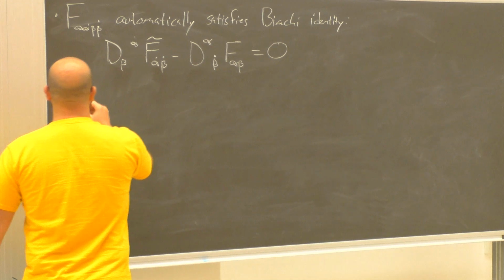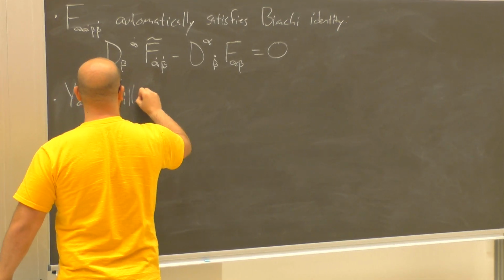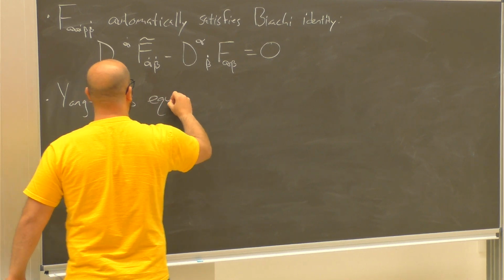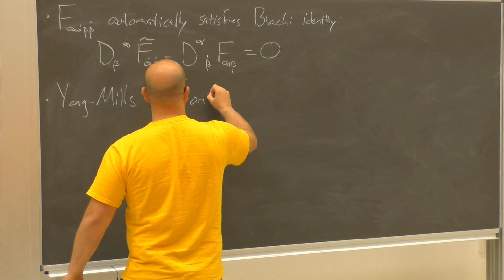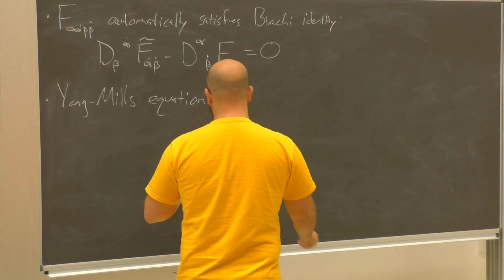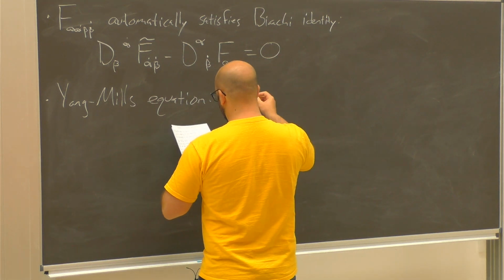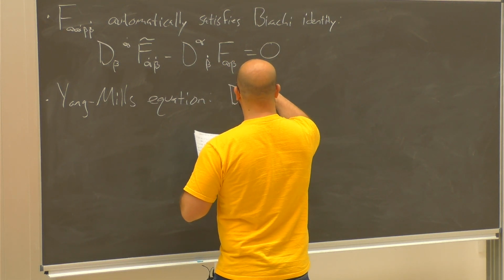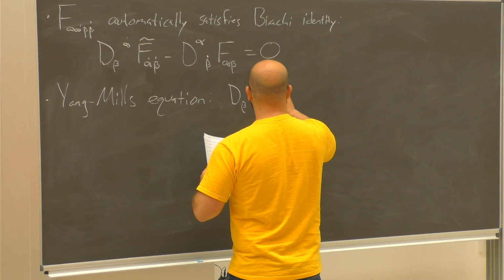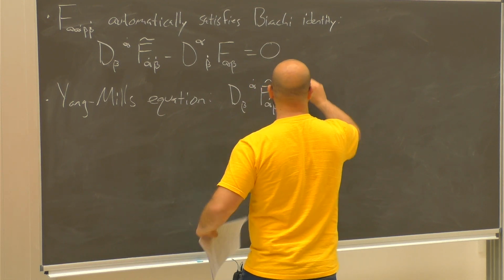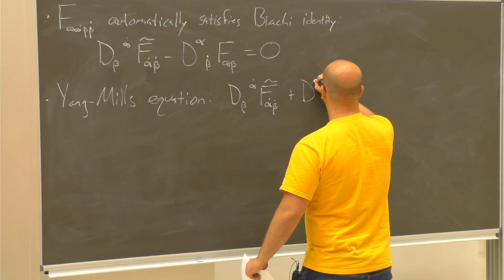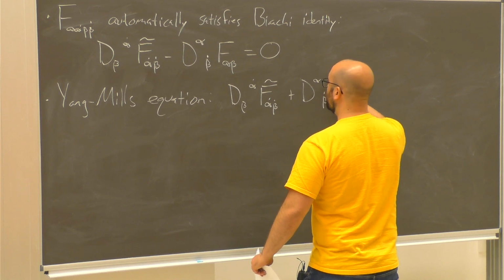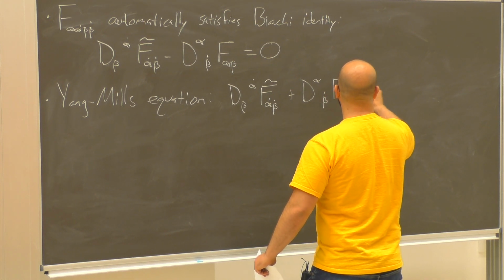Then the Yang-Mills equation for F is ∇_β^{α'} F̃_{α'β'} plus ∇_α^{β'} F_{αβ} equals 0.